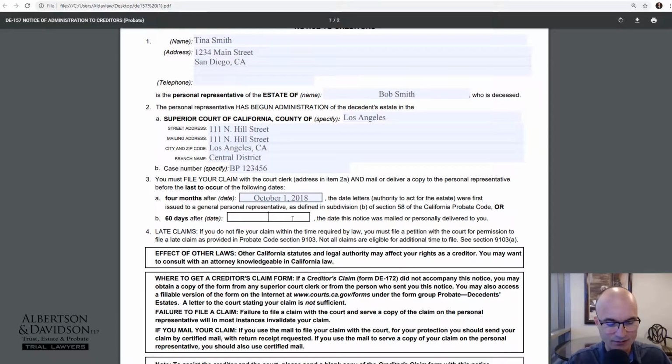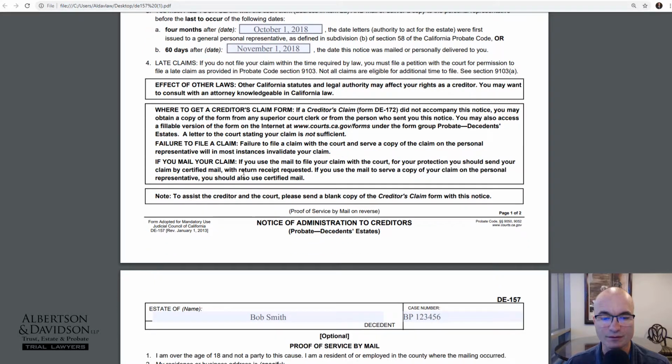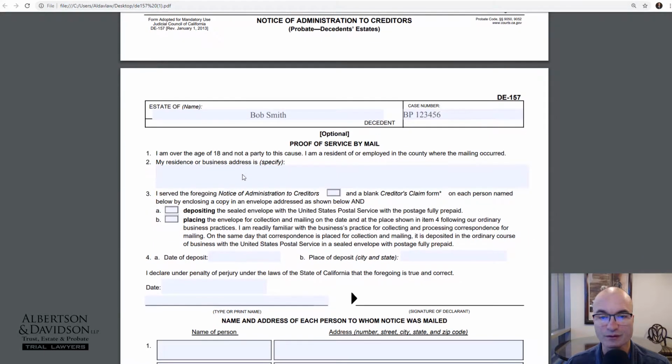And so you have to put the date this notice is mailed. So let's say we mail it on November 1, then that's the date that you have to put in here. So the creditor will have 60 days after November 1 or 4 months after October 1 to actually file their claim with the court. Those are important deadlines, and that's why you're sending this, so that the creditor knows those deadlines. The law requires you to notify them of that.